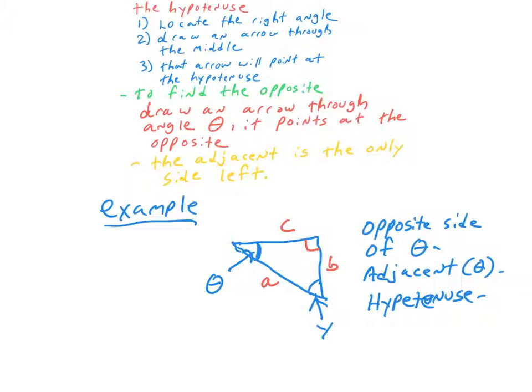Let's start with the hypotenuse. It's going to be the side opposite the right angle, so I'm going to draw an arrow through the right angle. So it's side A. The opposite side of theta is the side opposite this angle, so the arrow's pointing at B. So it's side B. And the adjacent side is the only other side left. So it's C.